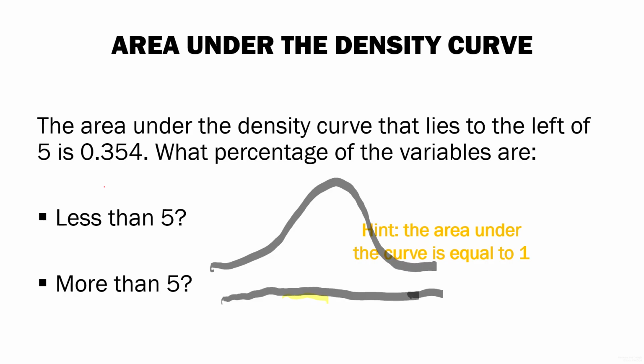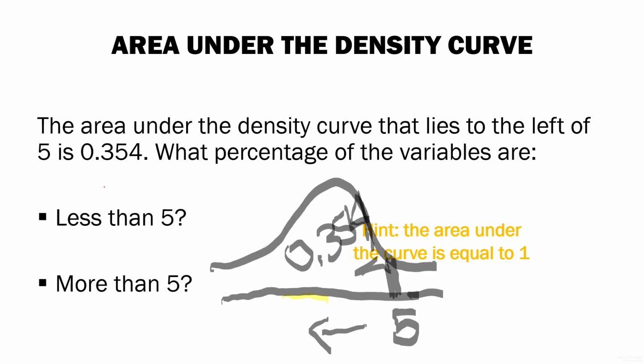And we're going to put 5 on here. And we know that the area to the left of 5, so this way, is equal to 0.354. I can't really see the 4. All right, so we know that that's the area.